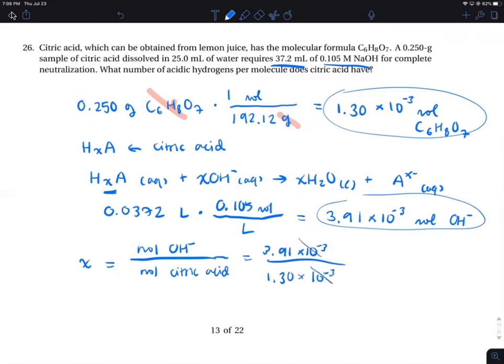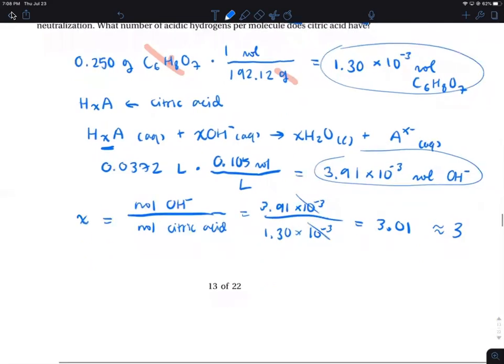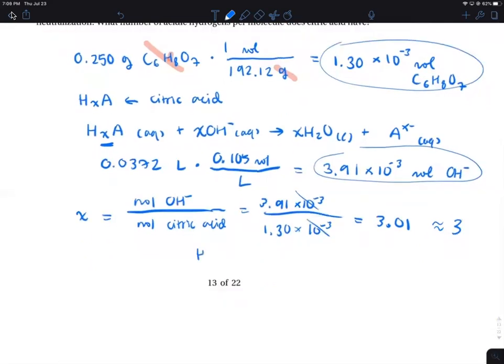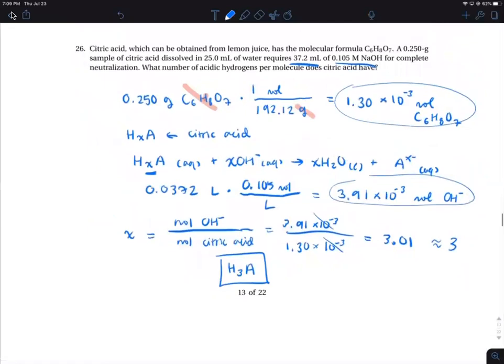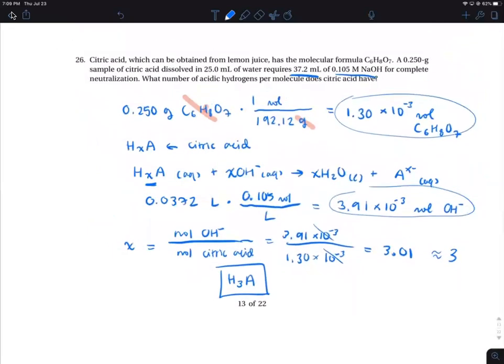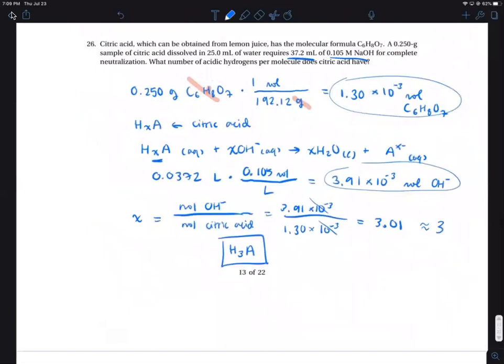This is going to cancel, so we just get around 3.01 as our X, so that's around 3. That means the general acid formula for citric acid should be H3A, where A is the anion, because this pretty much means that citric acid has 3 acidic hydrogens, as opposed to all of them being acidic. All right, so that's that one.